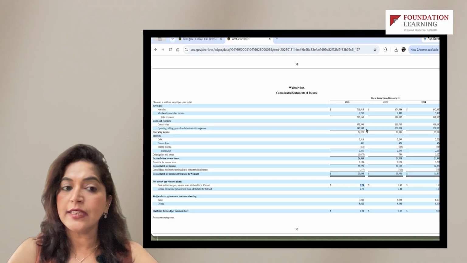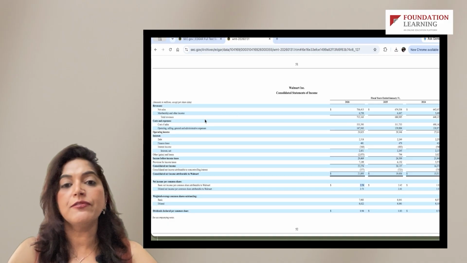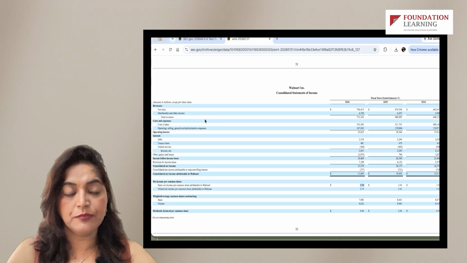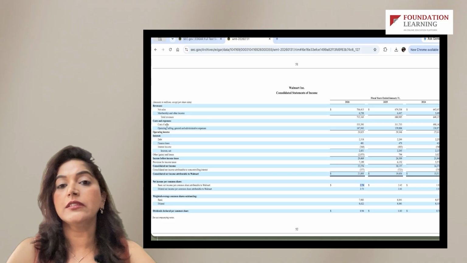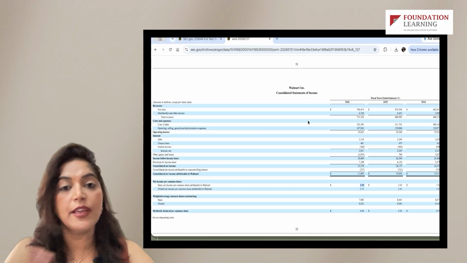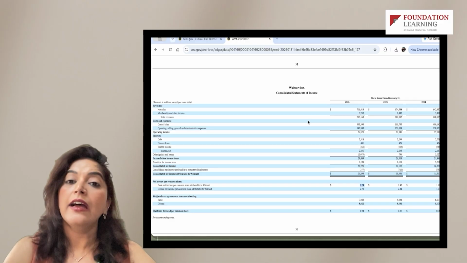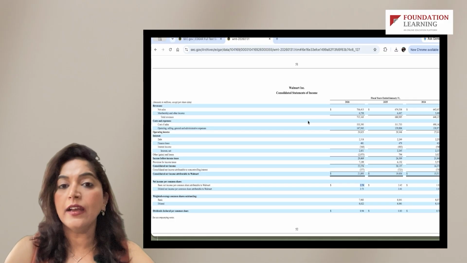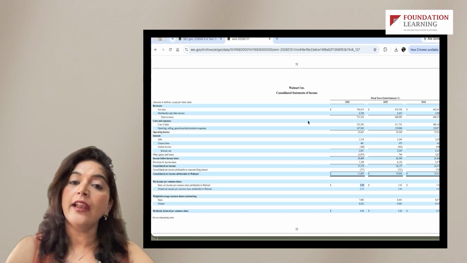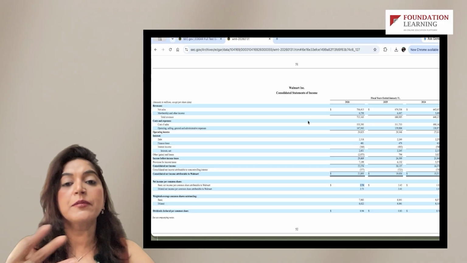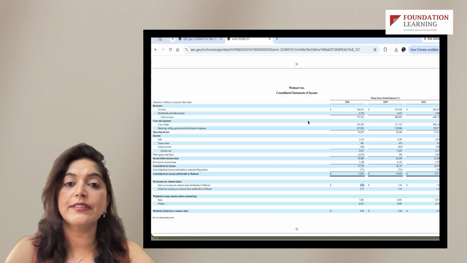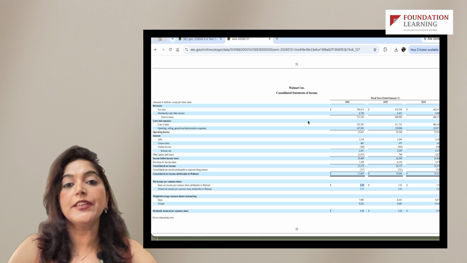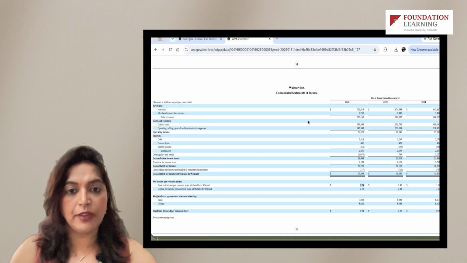Now, as you can see, they are just final figures which we have presented over here, right? So there are no discussion, there are no inner columns, there are no outer columns, etc. The idea is to keep the statements clean, and all the information in terms of calculation, how exactly that figure was arrived at, is parked in the notes to the financial statement.